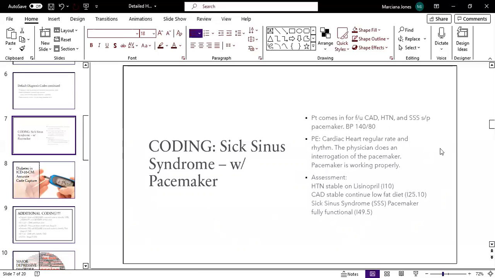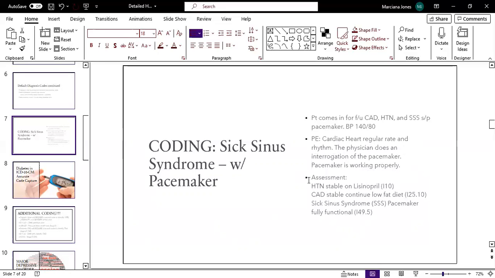So the patient comes in for a follow-up for CAD, hypertension, and sick sinus syndrome, status post a pacemaker, which means they're coming in after they had a pacemaker put in. Their blood pressure is 140/80. They got a physical exam as well. Cardiac heart, regular rate and rhythm. The physician does an interrogation of the pacemaker. It checks it out, makes sure everything's good. The pacemaker is working properly.